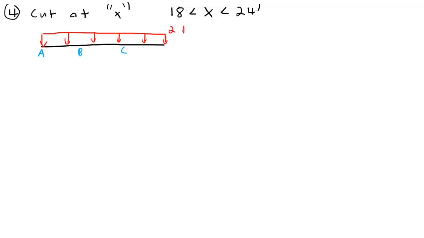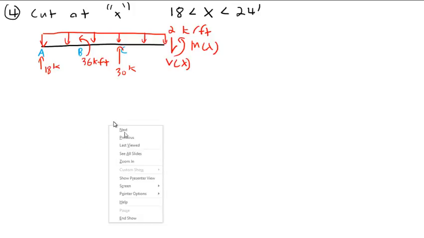2 kips per foot. And V of X and M of X here. I have a 36 kip foot moment here, 30 kips here, and 18 kips here.